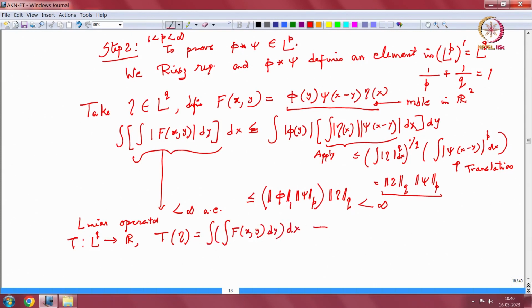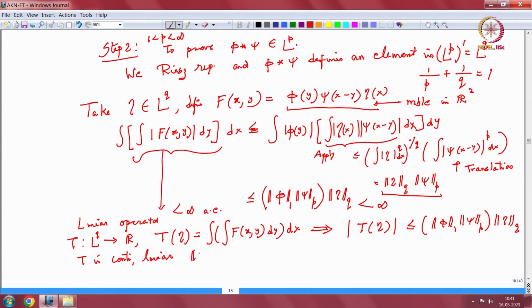And what the above estimate implies is that modulus of T theta is less than or equal to some constant, your constant is norm phi at 1 into norm psi at LP, into norm theta at Q. That implies that T is continuous. Linearity is clear, it is a bounded functional, and norm of T is less than or equal to norm phi at 1.